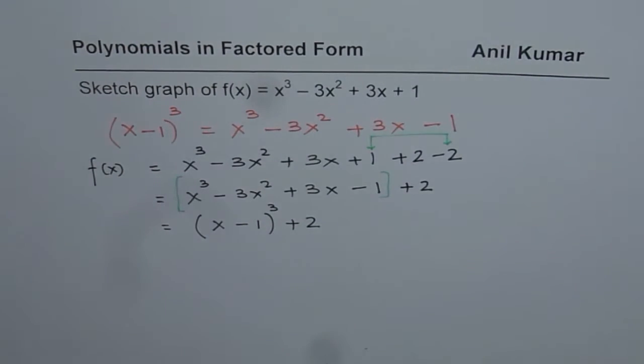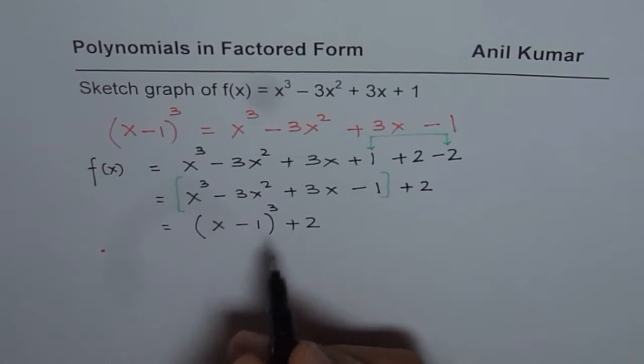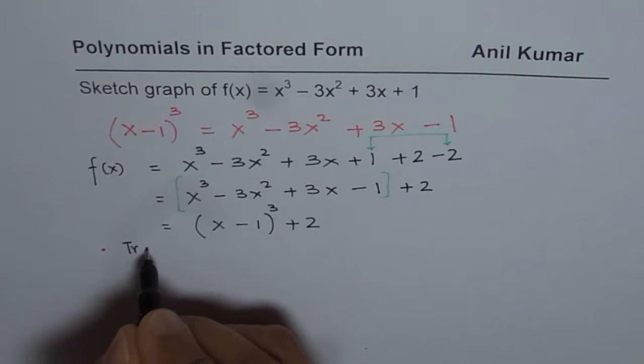So that is a huge strategy, one of the best to solve some difficult questions like this. Now I think it is very easy to sketch the polynomial, right? So basically it's a cubic function, so you can actually also write down the transformations and then sketch it. So we can say it is a transformed cubic function, right?